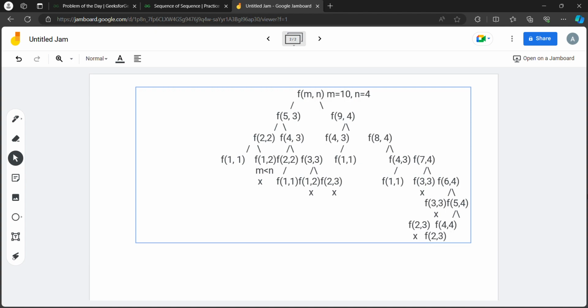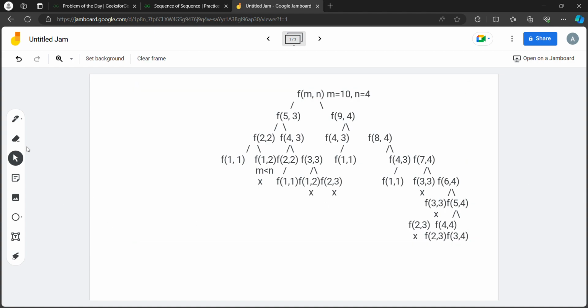And for the not considering part, it will be 3 comma 4, it is also not considered. Then our possible outcome will be this, and only this, means only 4 possible outcomes.